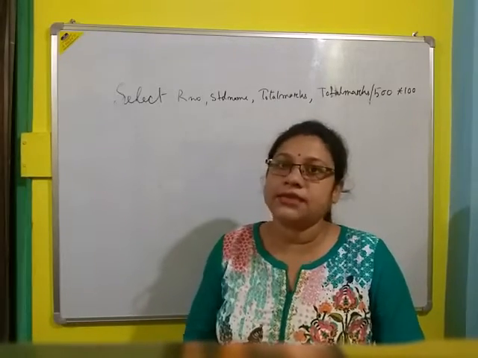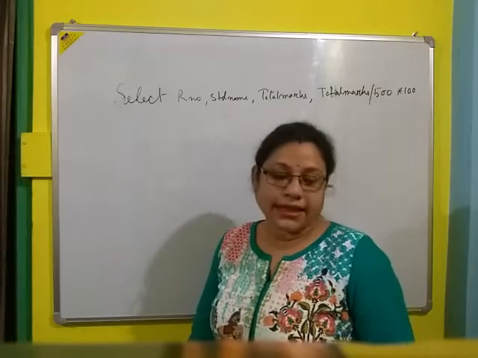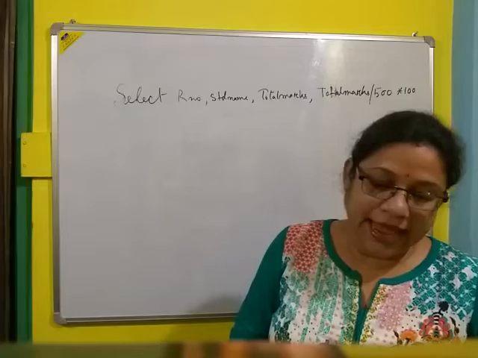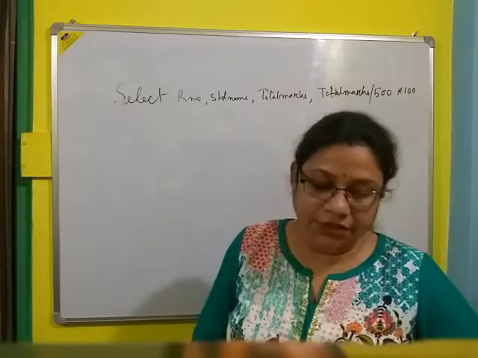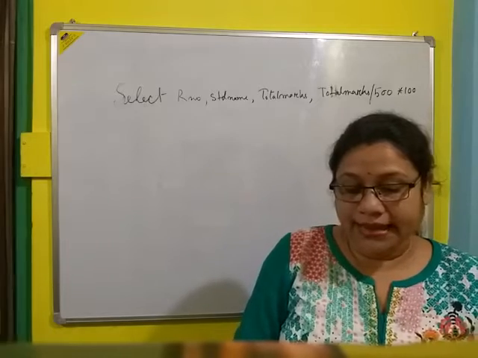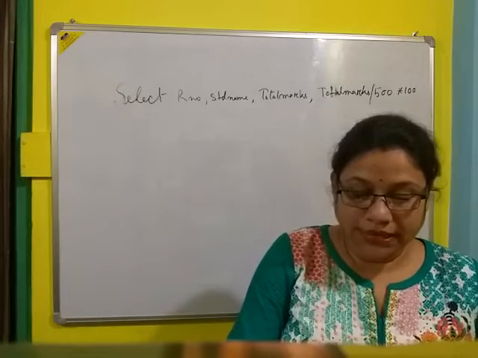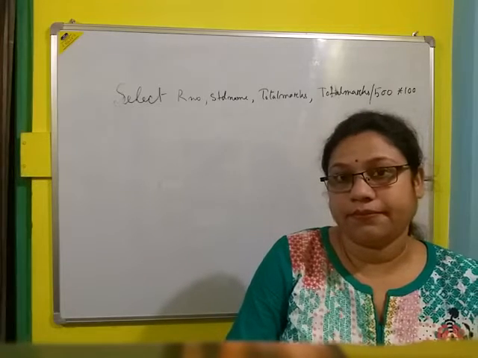Without using AS, you can create the alias column name. Okay. The next one is, if the alias name contains space, you must enclose the alias name in quotes. Otherwise, double quotation marks are optional.